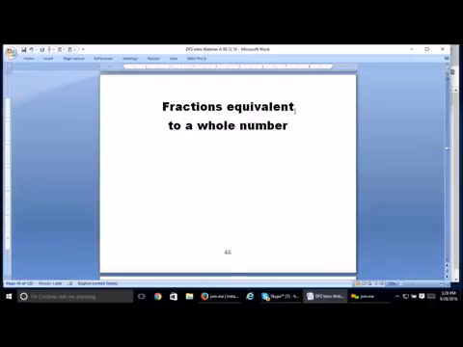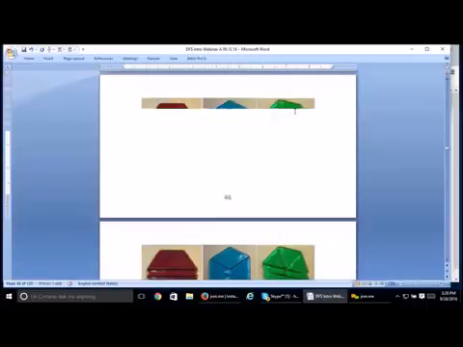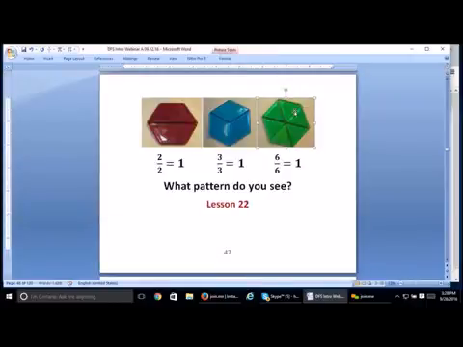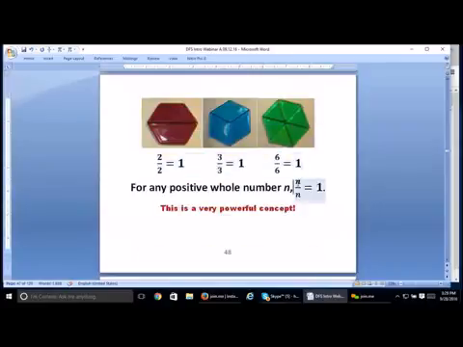In the 3rd grade, students also need to learn fractions equivalent to whole numbers. So, for example, 2/2 are a whole, 3/3 are a whole, 6/6 is a whole. So what pattern do you see? And then we extend this pattern using rectangular grids. So what patterns do you see? That when the numerator and denominator are the same, the fraction is equal to 1.